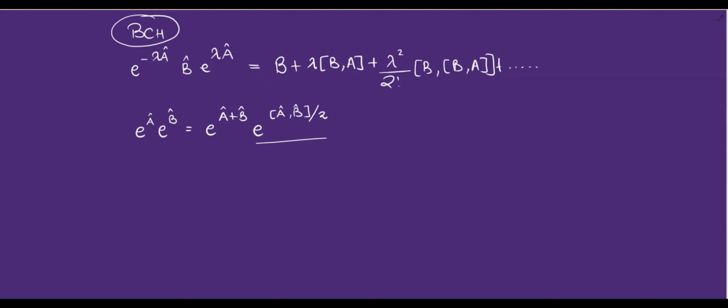So you note that unlike with scalar functions or numbers, we have this extra term when we deal with operators. So these two are important formulae that I will be using extensively.